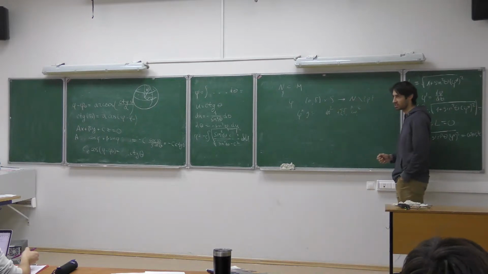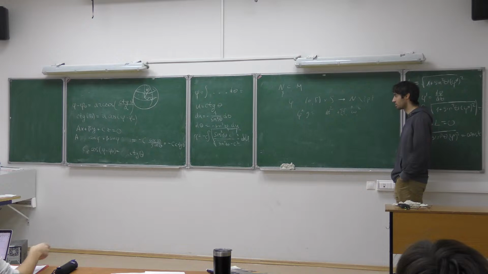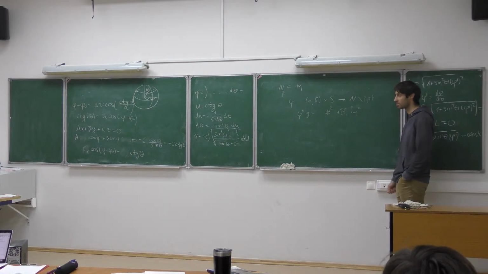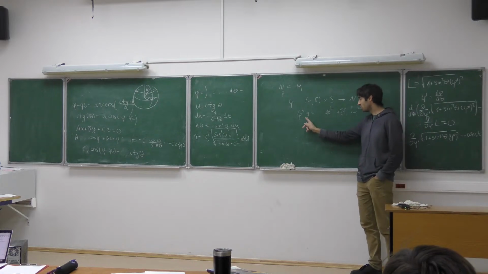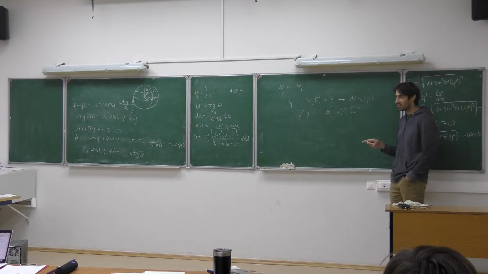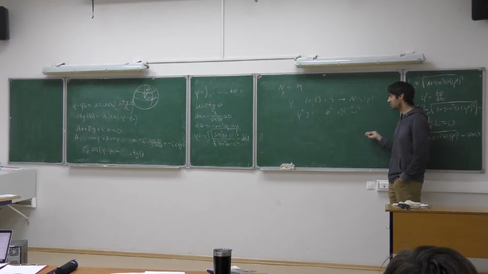So this is what it means that there are no cross terms, right? So suppose that I found such a map that my remaining metric looks like this.